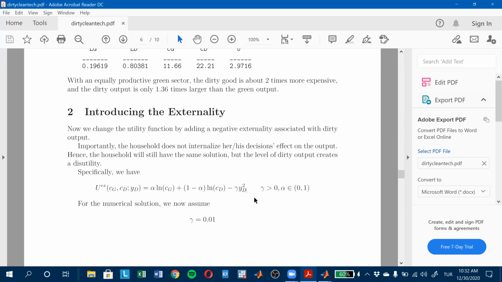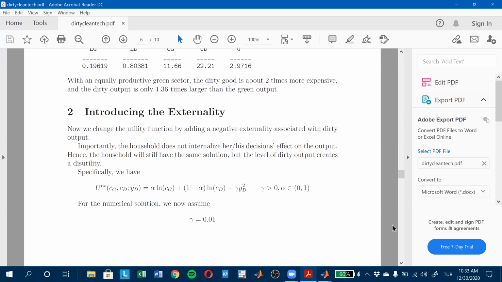So they create an externality to themselves. Of course, in a multi-agent framework, one agent is internalizing the effect, the other agent is internalizing the effect, but all of them are creating externalities to others. But in this simple version, with one household, this remains as an externality if the household does not internalize the effects of his or her decisions.